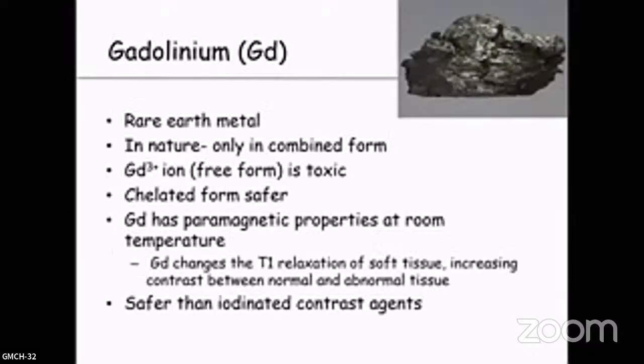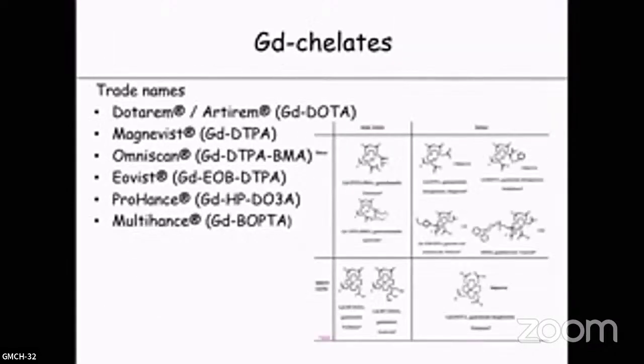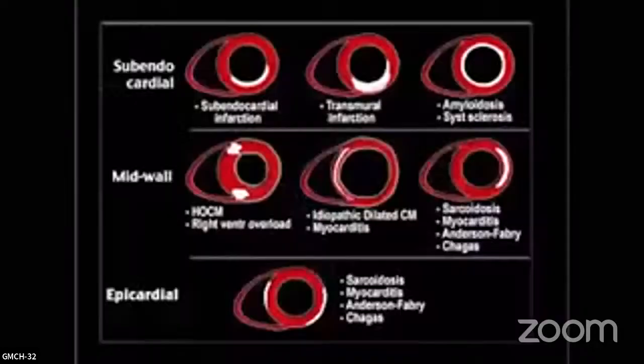Moving on to tissue characterization, this is perhaps one of the most important gifts that CMR has provided. We use gadolinium chelates, and some of the commonly used agents are listed here. Our experience predominantly has been with gadobutrol.